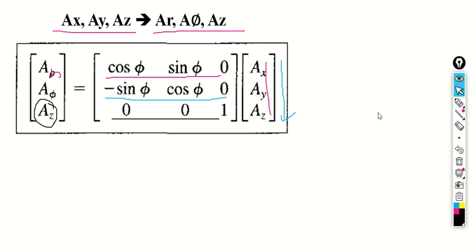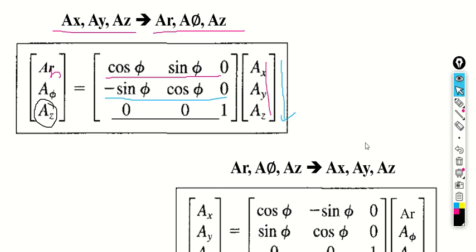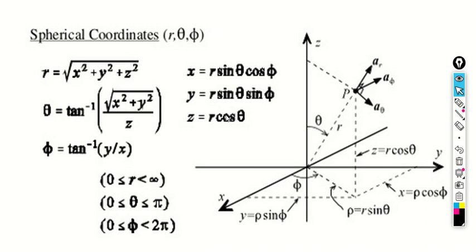Accordingly, if I want to do it reverse, that cylindrical coordinate system is given to me, I want to translate it into the Cartesian coordinate system, I will be using the relationship as AZ remains AZ, it is not seen here, and the matrix is shown over here. Accordingly, you may need to transform your Cartesian to spherical coordinate systems.